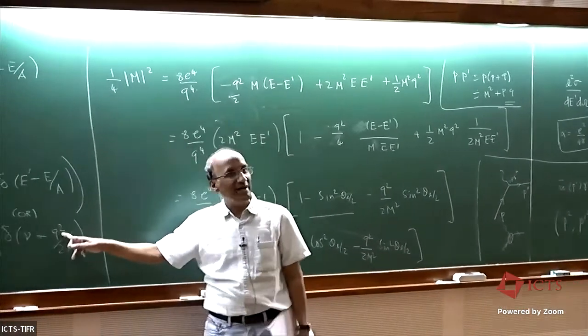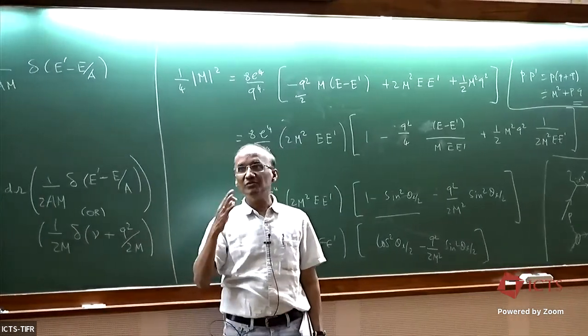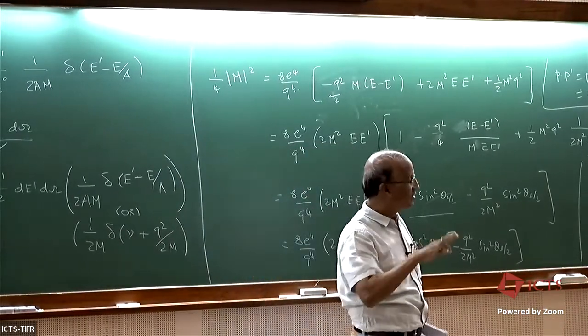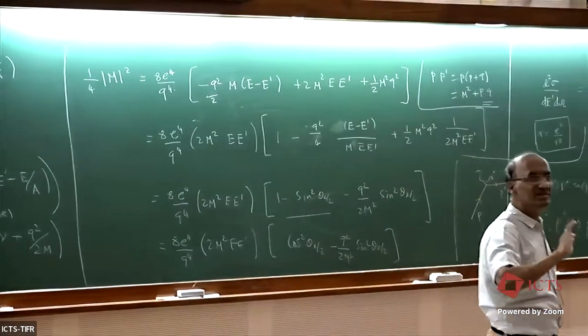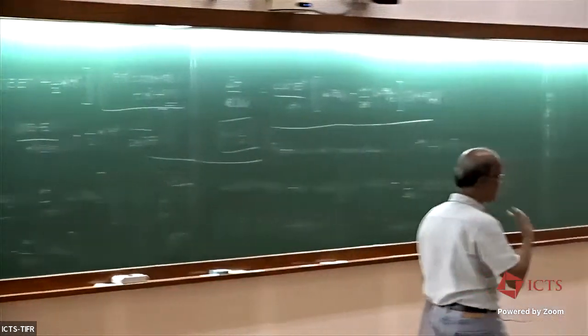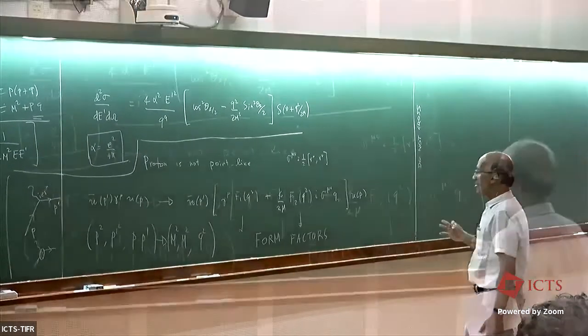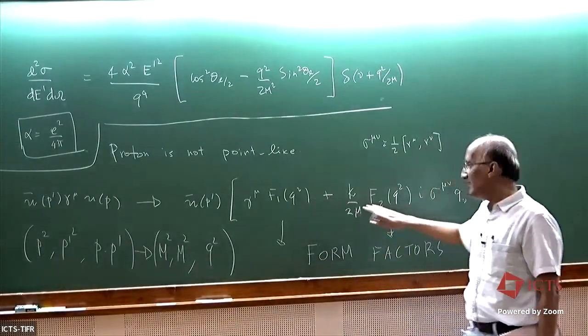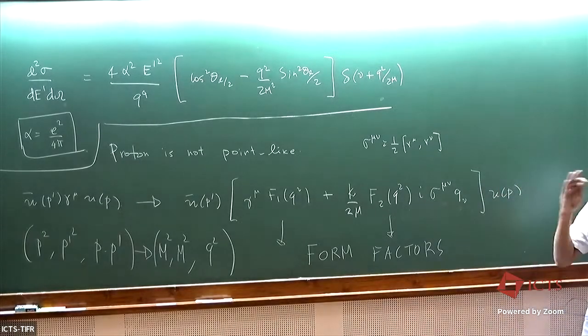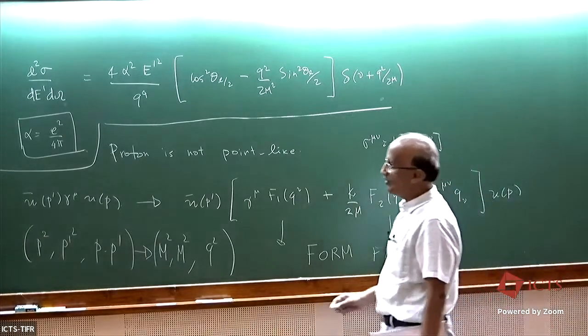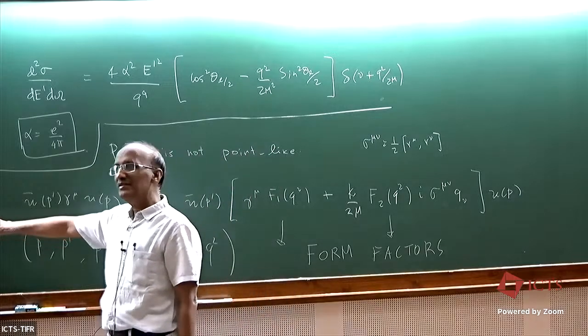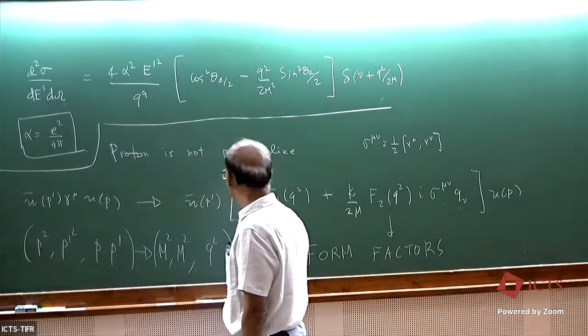So all of them are related. So there's only one invariant that you can write, because m square is constant anyway. So a form factor having m square dependency is okay, it's not a big deal. So I dropped the m square dependency and kept only the q square dependency. It comes simply from the fact that you're looking at this vertex. There's nothing else.